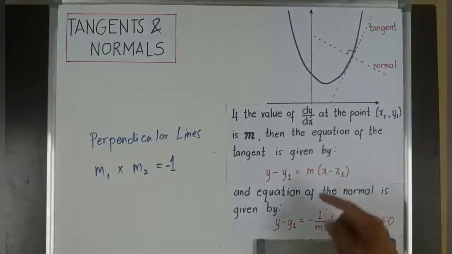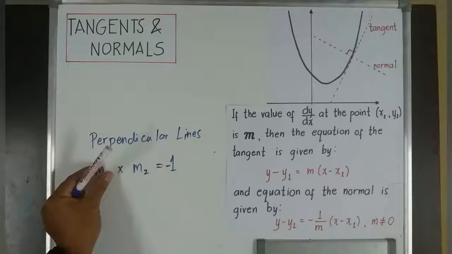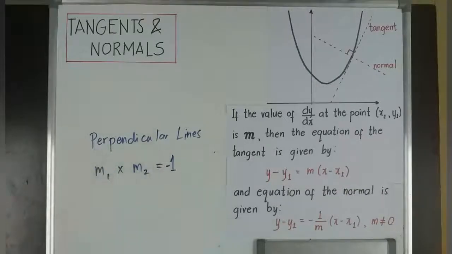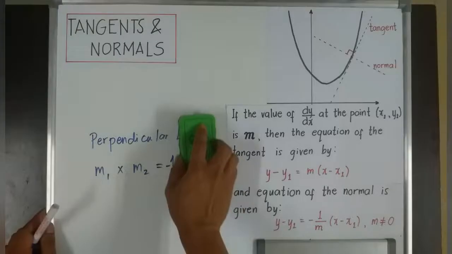Thus, if you have an m here, you divide both sides and it becomes -1 over m, the gradient of the other line that is perpendicular to the first line. So that is basically what we are going to learn today.